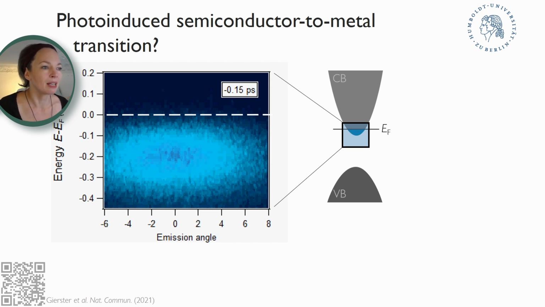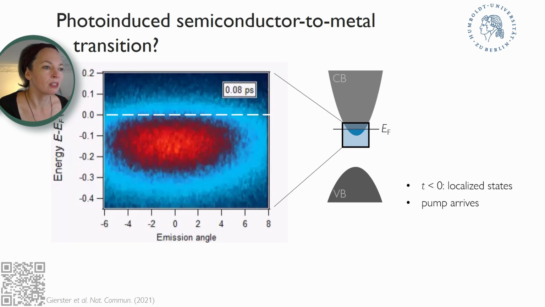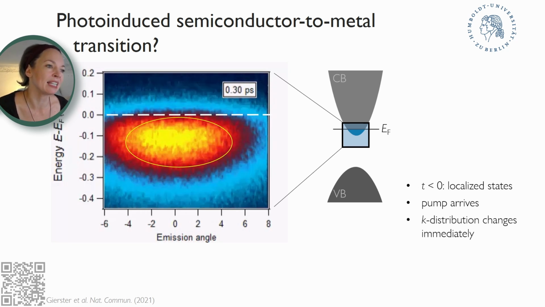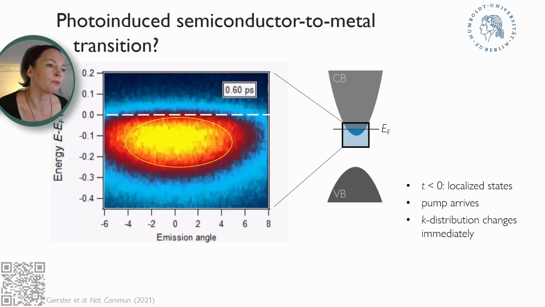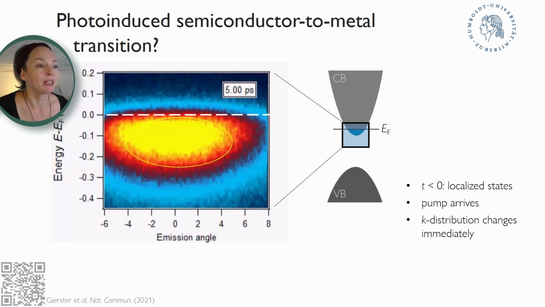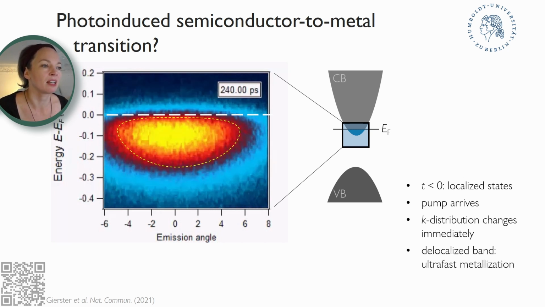Before the pump laser pulse arrives at the sample, we see a feature with a flat dispersion that is indicative of a localized state, and this is the signature of the localized defect excitons. Then we pump the system and you see a rapid increase of the photoelectron intensity, and also the distribution of the photoelectrons changes with time. Actually, it becomes parabolic, and this is a sign for a delocalized metallized band.